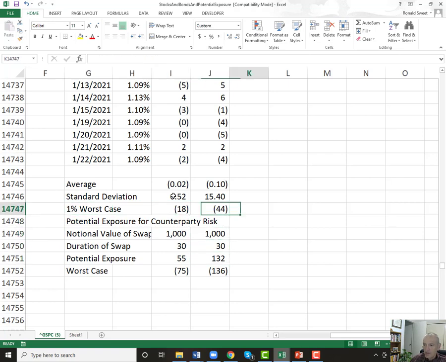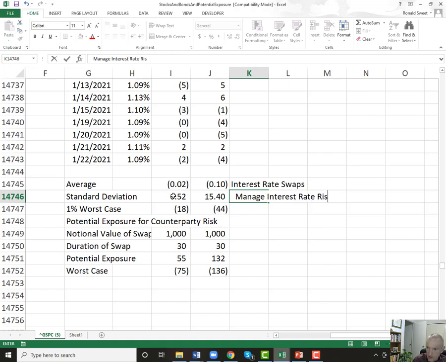So let's think what we're talking about here. We're talking about interest rate swaps. So we were using them to manage interest rate risk. Remember when we did balance sheet immunization, we were using interest rate swaps to manage our interest rate risk, but it created a credit risk measured as potential exposure.